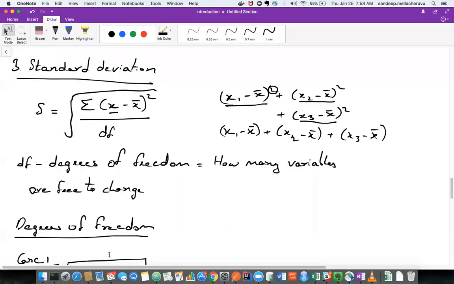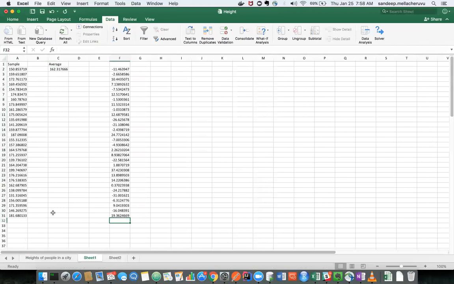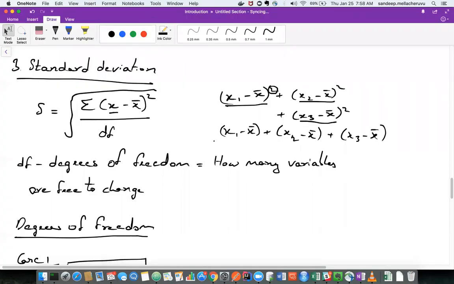So what I did now is x1 minus x bar, x2 minus x bar, x3 minus x bar, and so on until x30 minus x bar. For all of these points I have done a deviation from the average. There is another thing: it's not just x1 minus x bar, x2 minus x bar like this.